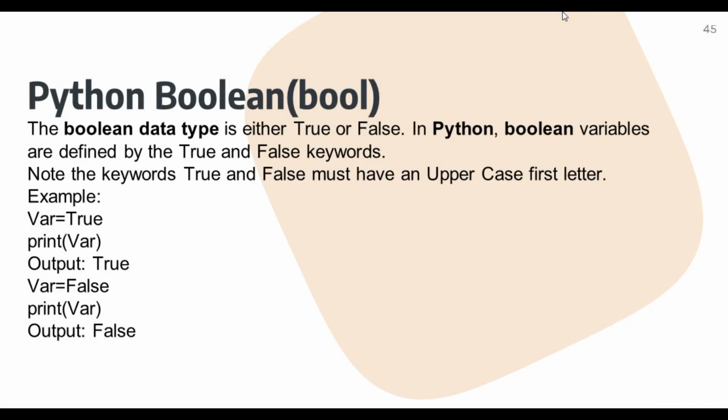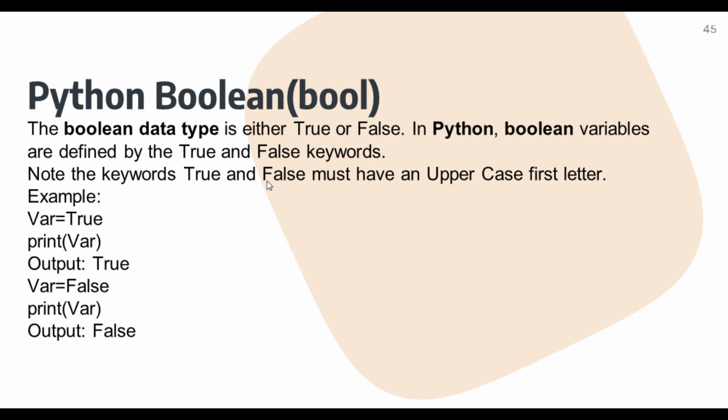Next, we will understand the Python Boolean data type. Python Boolean is a special type of data type which stores only true or false. Consider the first letter, I must say the first letter should be uppercase only. You can see True, T is capital, False, F is capital. So this is a data type which contains only 2 possible values, either True or False.